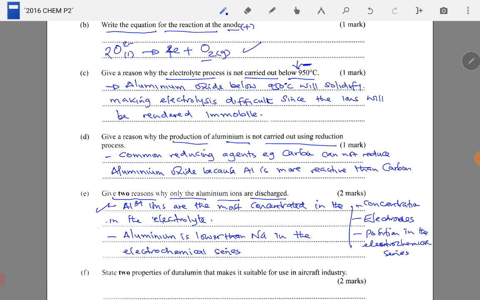So we have these two factors which we have highlighted here. So it's concentration and position in the electrochemical series. Of course, there is no effect here because the electrode is not active. So we turn to the other question.